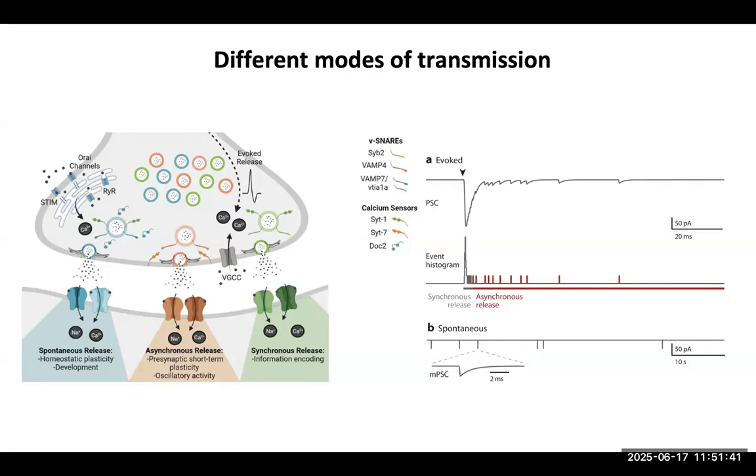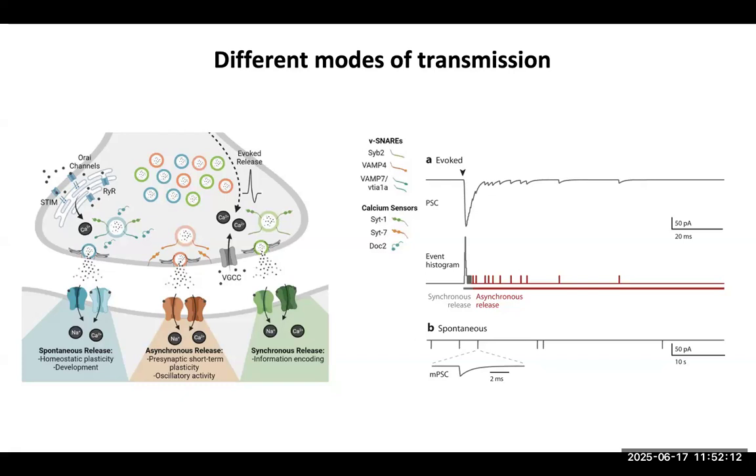In this case, if you evoke or if you basically stimulate the presynaptic axon and generate an action potential, you will have an evoked response postsynaptically, which in a voltage clamp condition is called an excitatory postsynaptic current. It's the response from the receptors. But you'll see in some example synapses, such as in thalamus, you have asynchronous release of vesicles as well, which happens way after the action potentials come down.